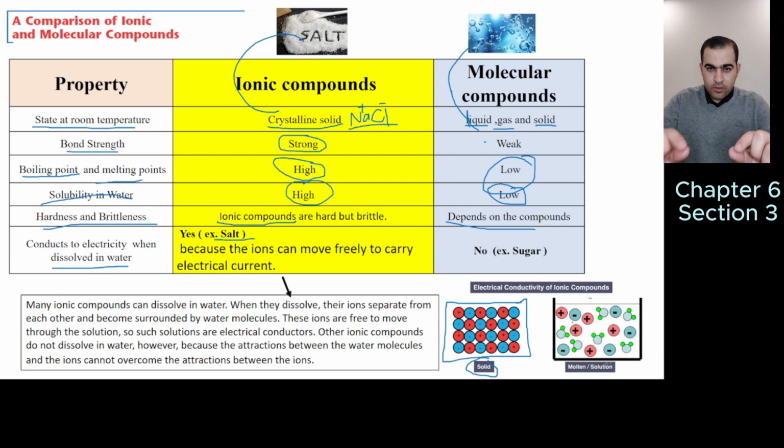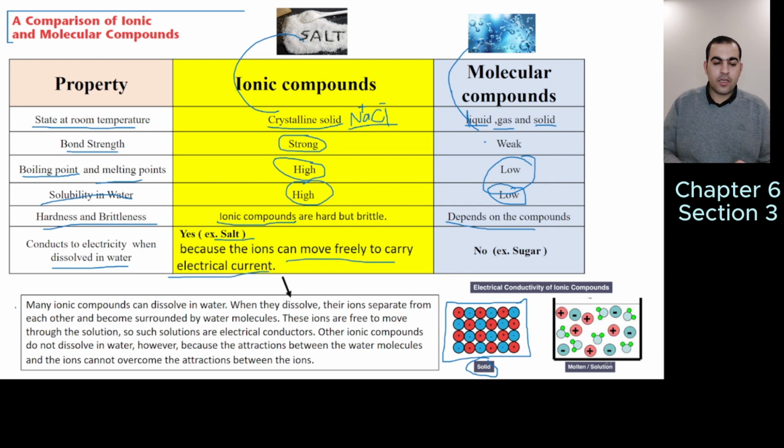The water molecules break the bond between cation and anions, positive and negative charges, and then the ions become free. They move freely throughout the solution, in the mixture. When they can move freely, they can carry electrical current.